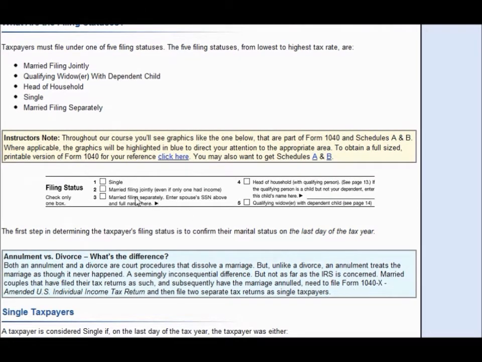Here is something consistent that you will see on 1040 and 1040A forms, the filing status boxes. As you can see, 5 here, 5 there. Now, the first step in determining the filing status is to confirm their marital status on the last day of the tax year. That is December 31st.